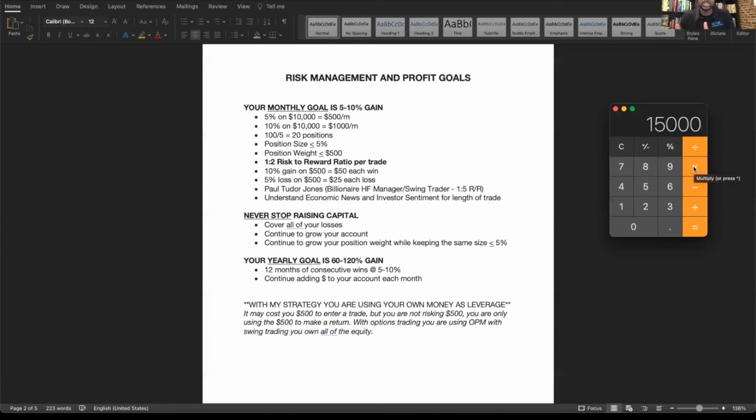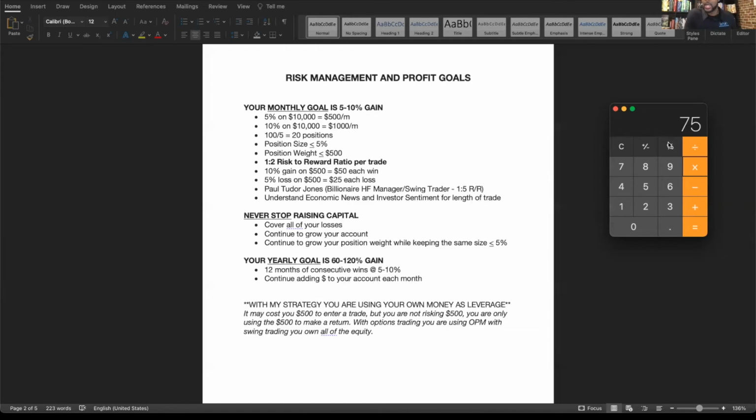If I use these same numbers and have a position size of 5%, that 5% has now increased to $750 in weight. Now, if I have that $750 instead of $500 with a 10% gain, that same 10% gain is going to get me $75 in return.